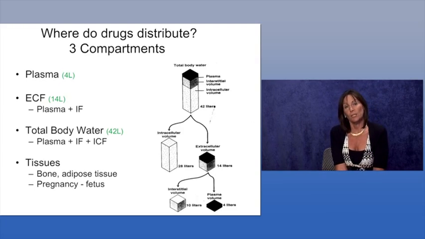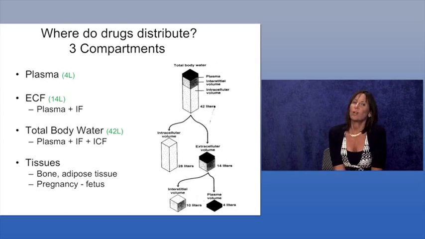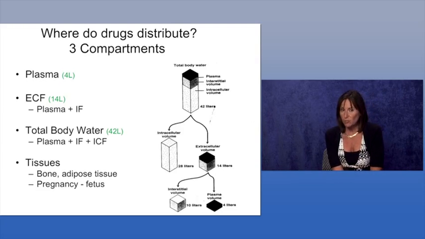And then we have the opportunity for some drugs to be sequestered in different tissues. For example, you can chelate certain drugs in bone. Adipose tissue becomes a common uptake site for some drugs. In pregnant women, the fetus, if the drug has the ability to cross through the placenta into the fetal circulation, the fetus becomes an additional site for distribution of medication that might be taken during pregnancy.